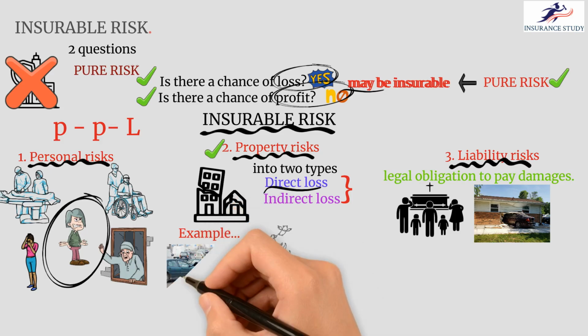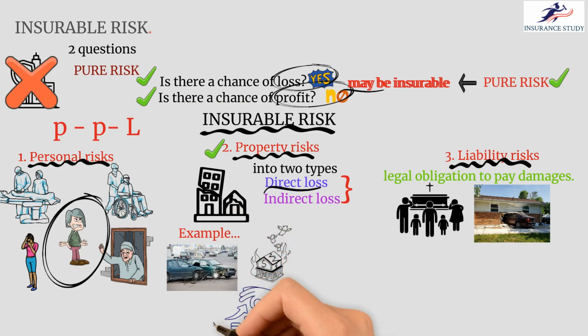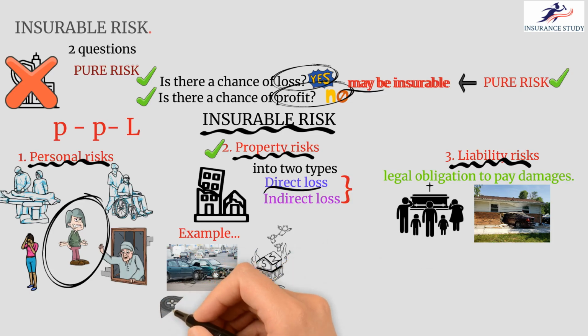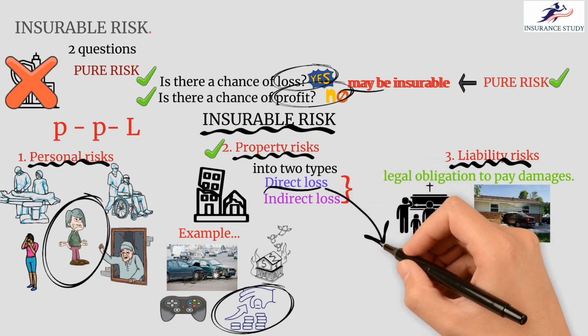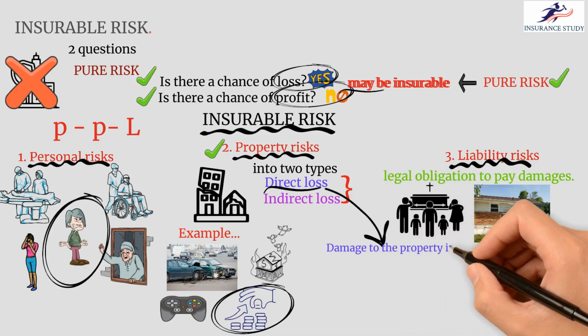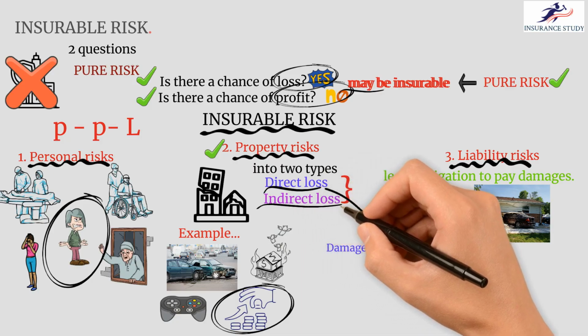If a car is damaged in a collision, the cost of repairing the car is also a direct loss. If a gaming console is stolen, the cost of replacing the stolen console is a direct loss. So, direct loss, damage to the property itself. So, indirect loss.